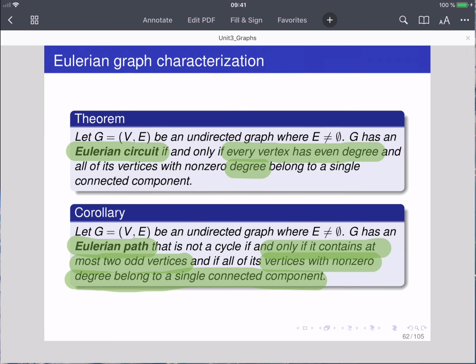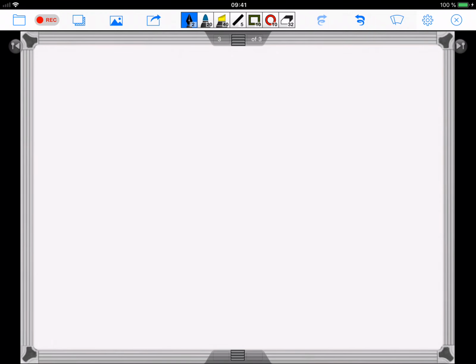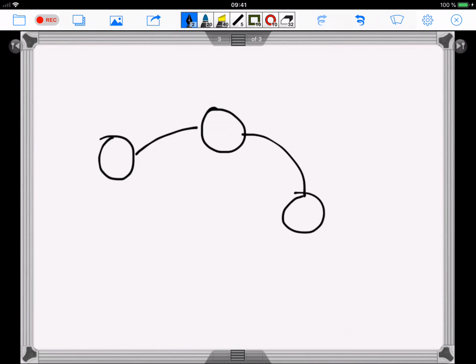Okay, let me do a quick drawing here. So imagine that you have a vertex and you go to another one. Now, in order to close the cycle, you need another edge to go out. And from this one, you need another one to go out.